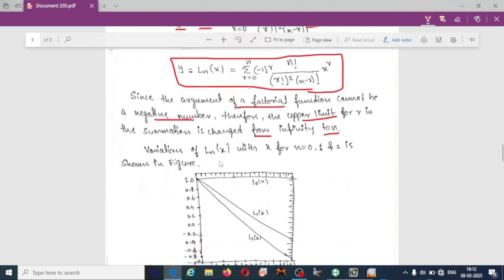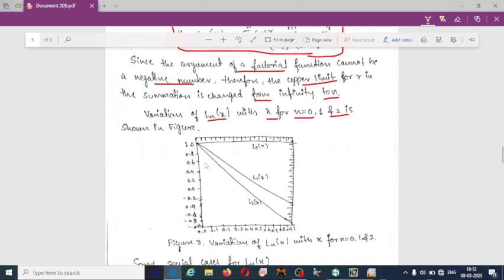So how does the Laguerre function vary with the value of x for n equal to 0, 1, 2, 3? For 3 terms they have given the graphical representation. Along x you can take x values 0, 0.1, 0.2 and so on, and along the y-axis L n of x.